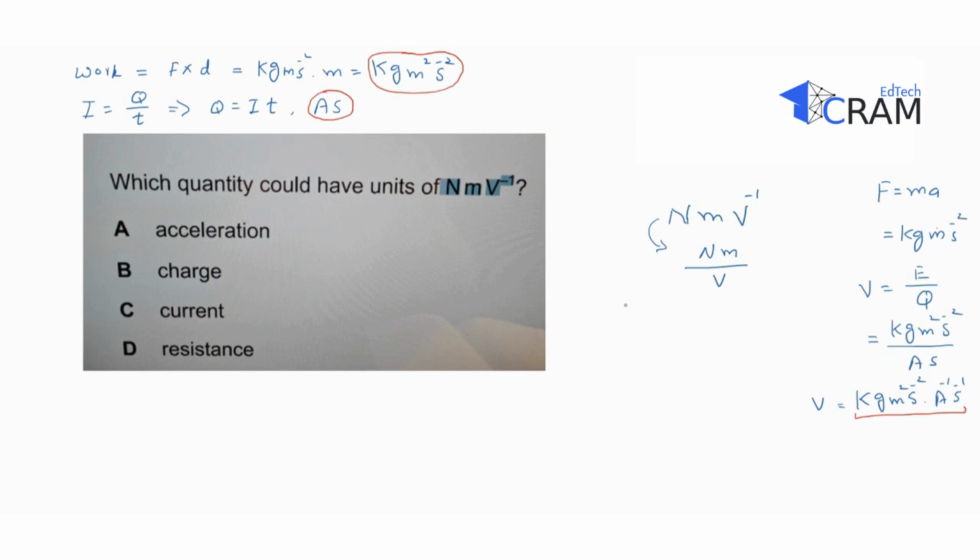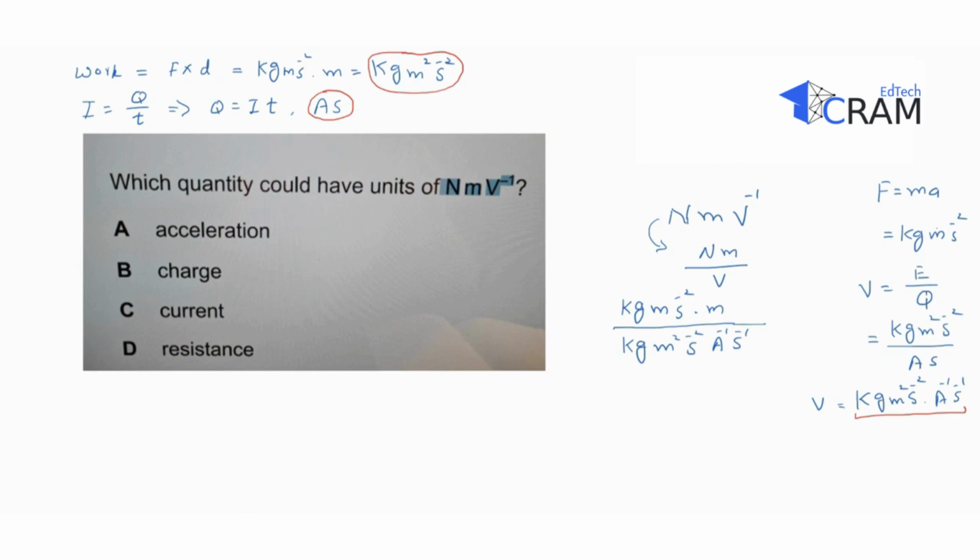At the place of Newton, I'm writing kilogram meters per second square. At the place of meter, I'm writing meter as it is. And at the place of V, what I'm writing, kilogram meter square per second square, and A minus 1 in amperes minus 1 and S minus 1 in per second.